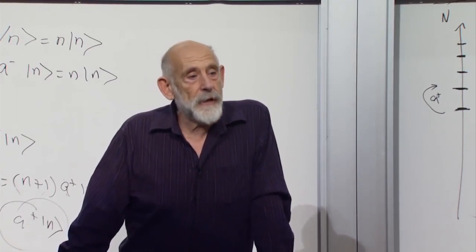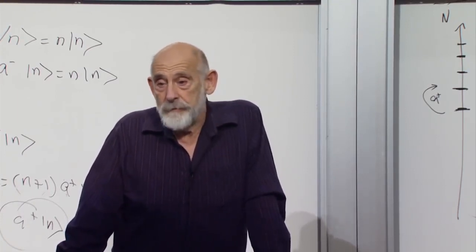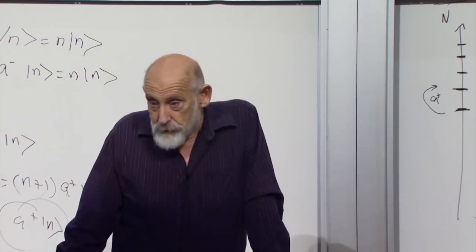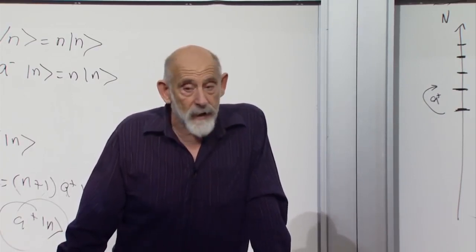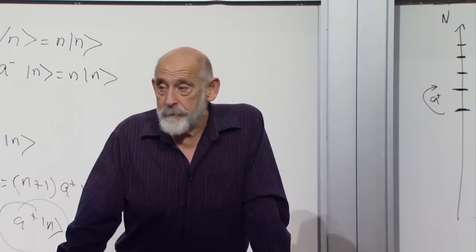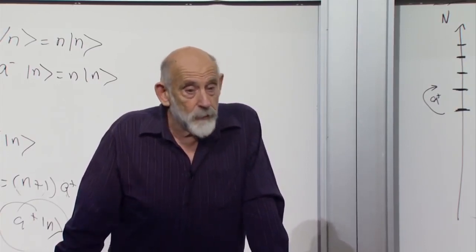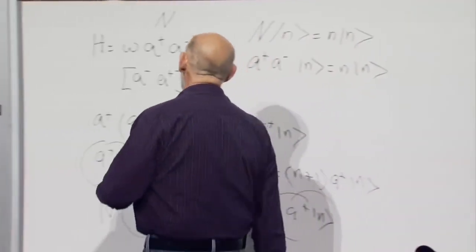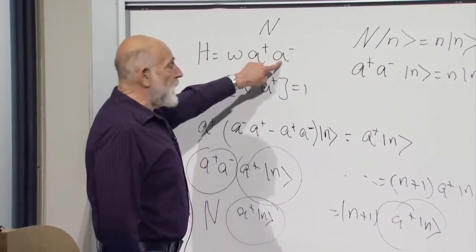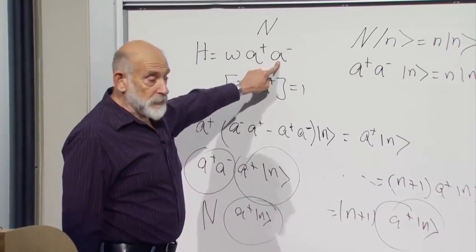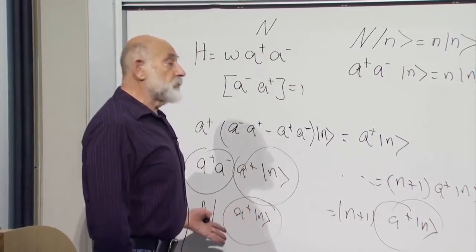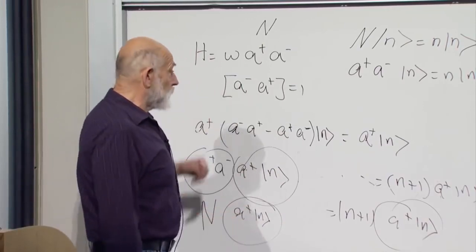Because the harmonic oscillator Hamiltonian is positive. It's only got positive terms. You cannot get to negative values. The operator is a positive definite operator, which means it only has positive eigenvalues. In fact, it's a theorem that if you multiply an operator by its own Hermitian conjugate, its eigenvalues are positive, or at worst 0.